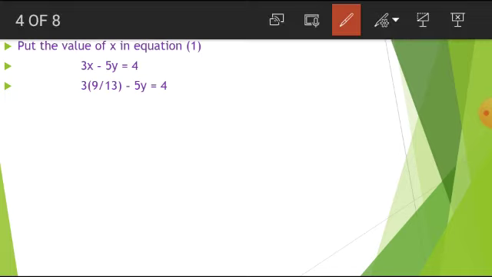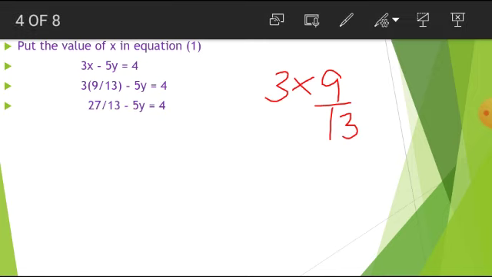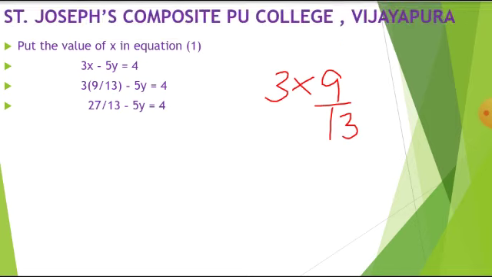So 3 into 9 by 13, 3 9s are 27 divided by 13, minus 5y is equal to 4. Next, shift the 5y towards the right hand side, so it will become positive. 5y is equal to 27 by 13 minus 4.